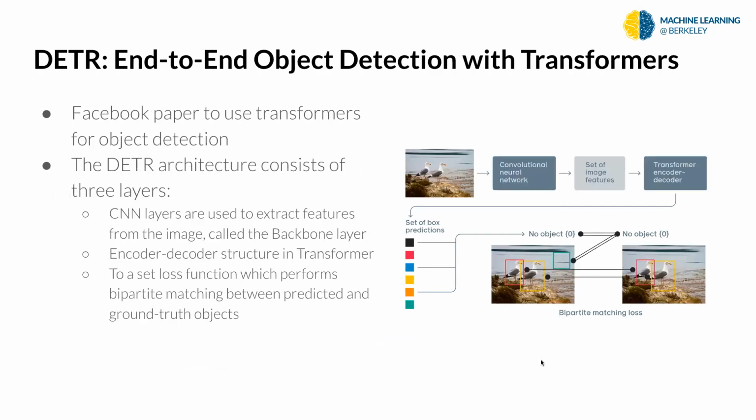DETR is end-to-end object detection with transformers, which is a Facebook paper to use transformers for object detection. The architecture is shown on the right, where we use CNNs for what they're used for best almost, which is feature extraction. And that's called a backbone layer. And then we're able to take these image features and toss them into something that we hopefully understand well by now, which is an encoder-decoder structure in a transformer.